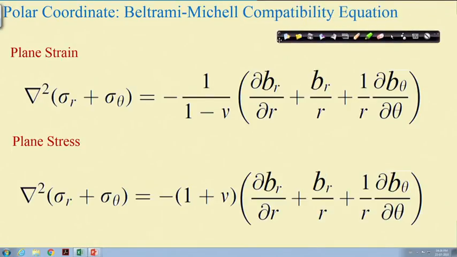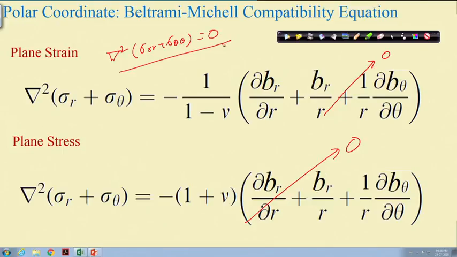Now, if the body force is 0, then this part vanishes, and the equation becomes del 2 of sigma r plus sigma theta equal to 0. It is again exactly the same as the Cartesian coordinate system, and it is the same for plane stress and plane strain.